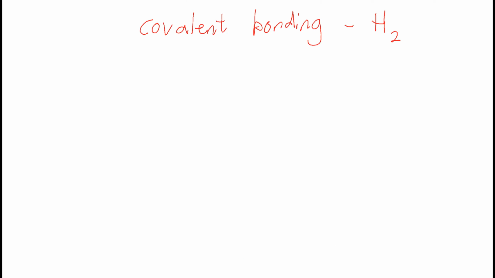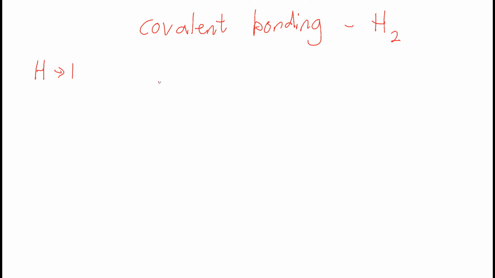Let's start with the simplest example of covalent bonding, the bonding between two hydrogen atoms. Hydrogen has a proton number of 1. So it has only one electron in its outermost shell.